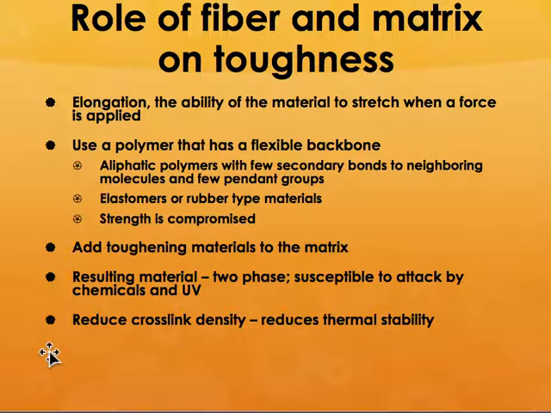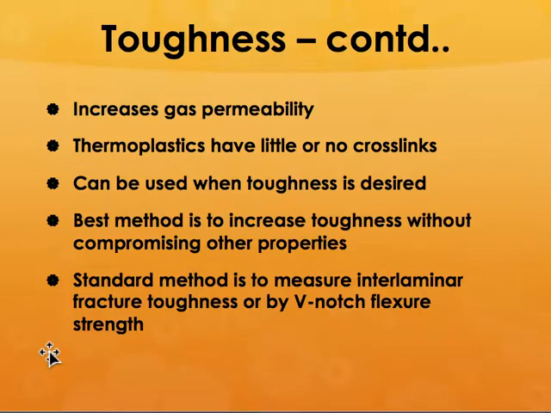It also reduces the thermal stability, and it also reduces the mechanical properties of your composite. So there is a balance between the two types of properties that you are going to get from this kind of a system.